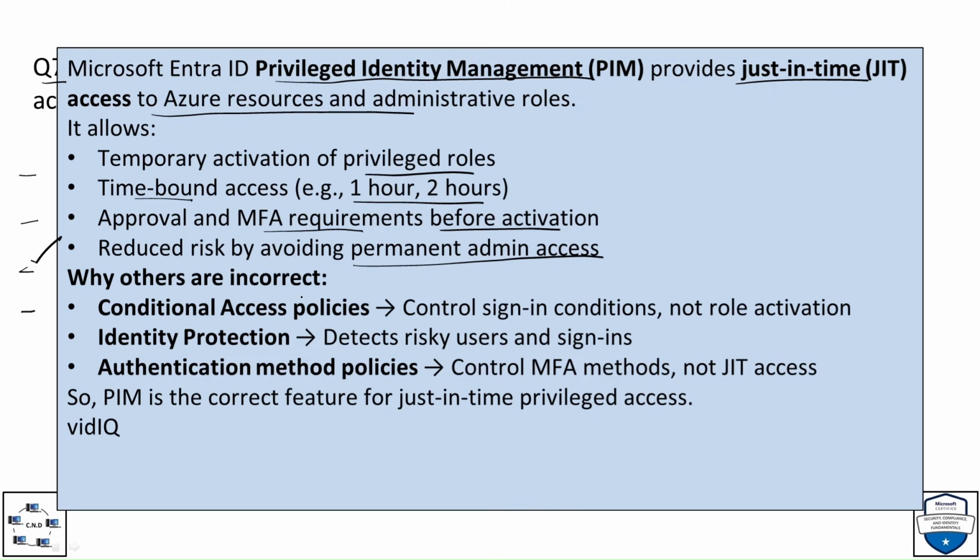Why are the other options incorrect? Conditional access policies control sign-in conditions, not role activation. Identity Protection detects risky users and sign-ins. And authentication methods policies control MFA methods, not JIT access. So, PIM is the correct feature for just-in-time privileged access.